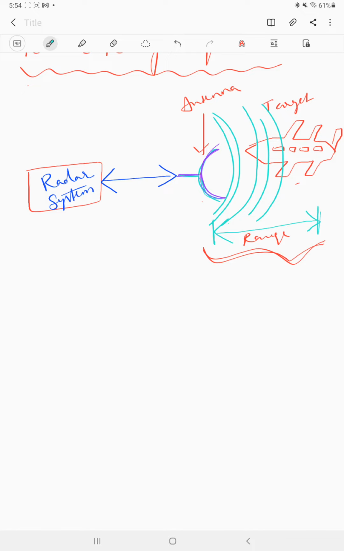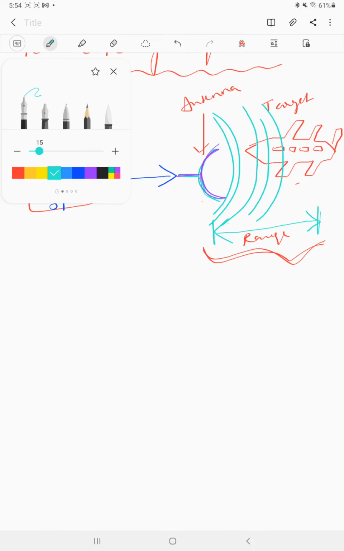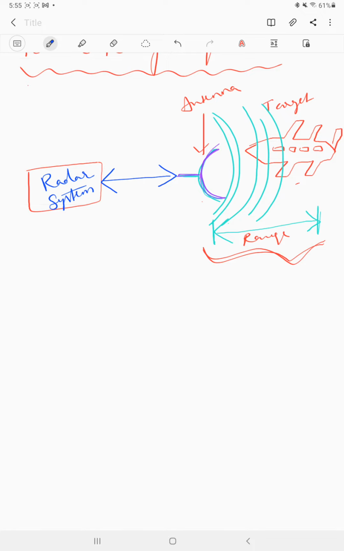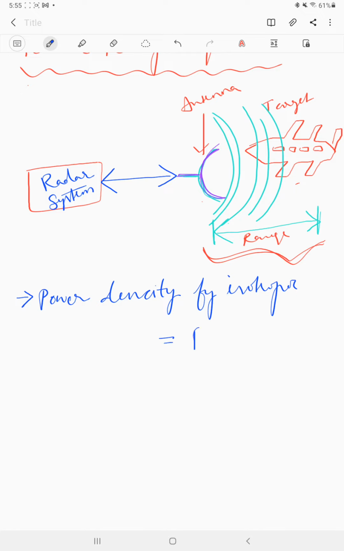The power density by an isotropic source is equal to P T by 4 pi r square.